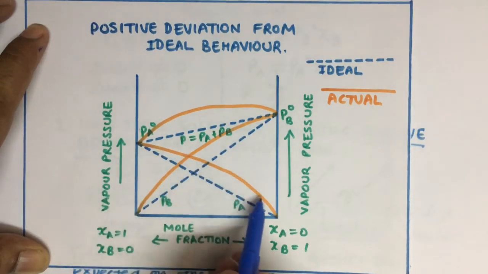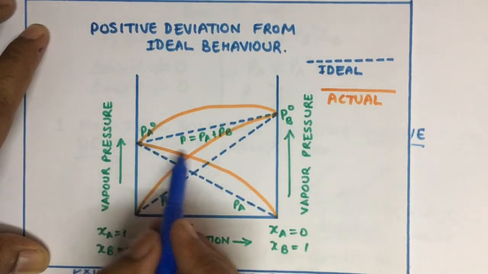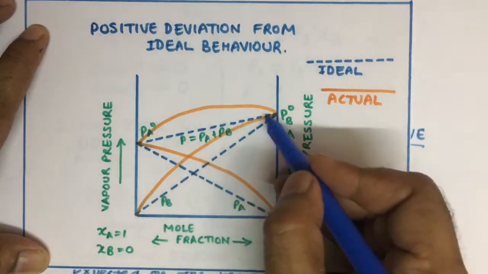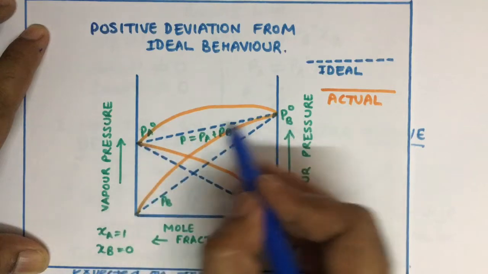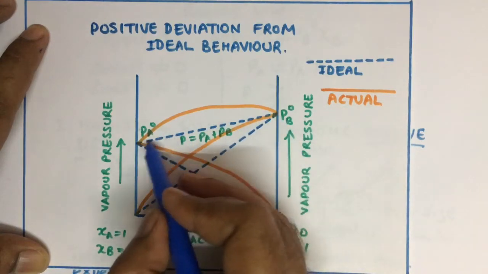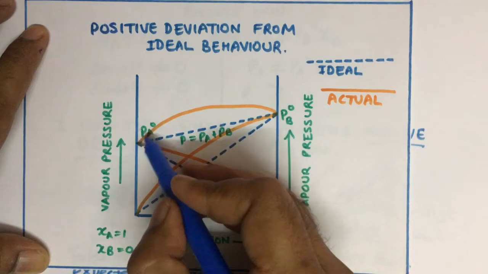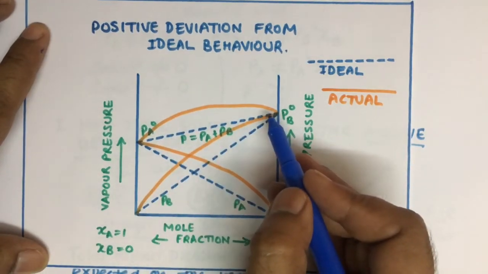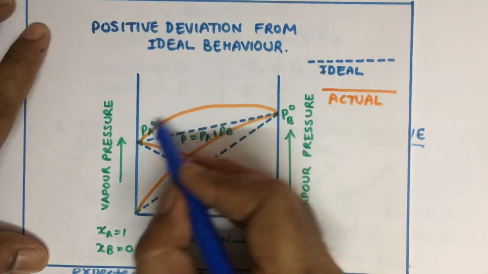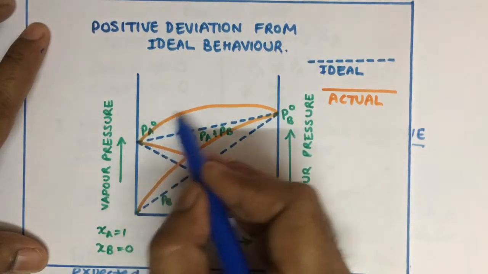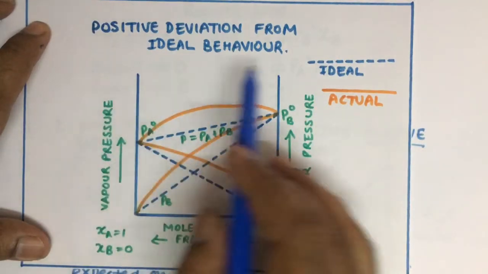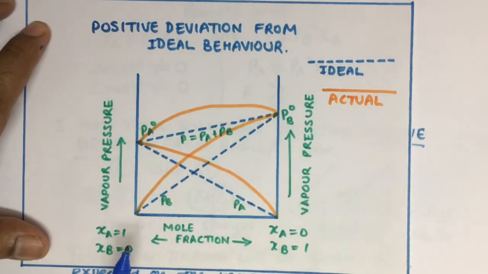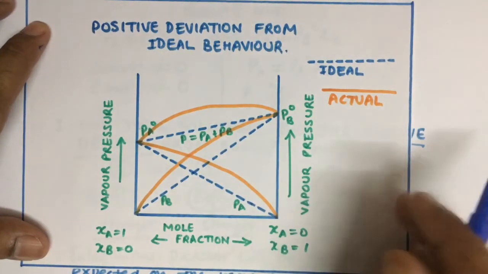This orange line is the actual behavior. This is the partial pressure of component A, this is partial pressure of component B, and this is actual vapor pressure of the solution, which is greater than, as we expect from the Raoult's law. Ideal behavior is this, and this is the actual behavior. So the vapor pressure is greater than expected because the AB interactions are weaker than AA and BB interaction. So this is the graph of the solution showing positive deviation from Raoult's law. Mole fraction on this side, vapor pressure on this side.